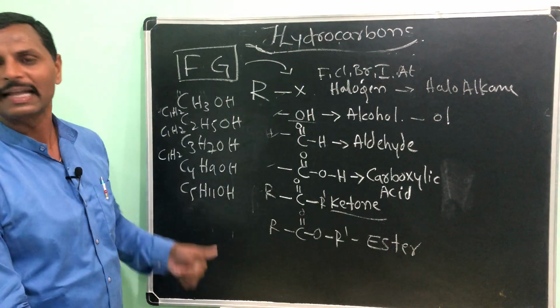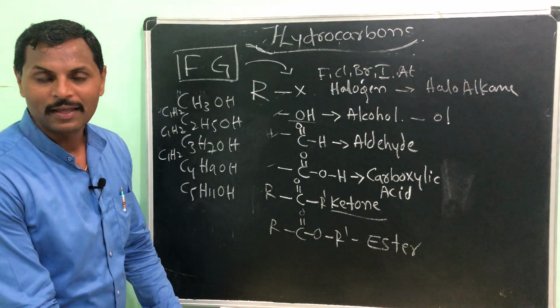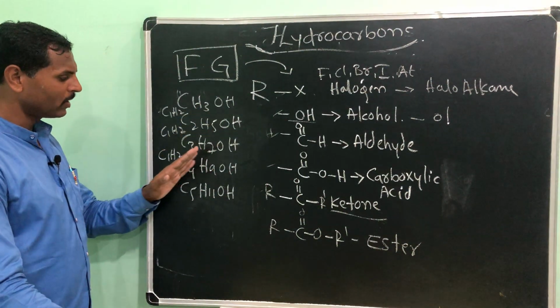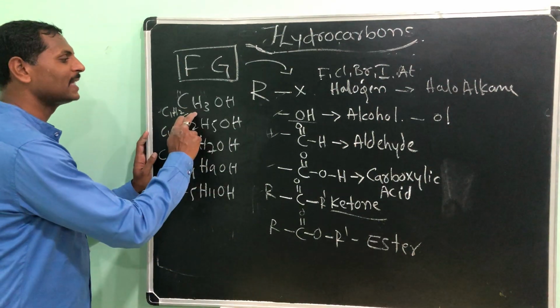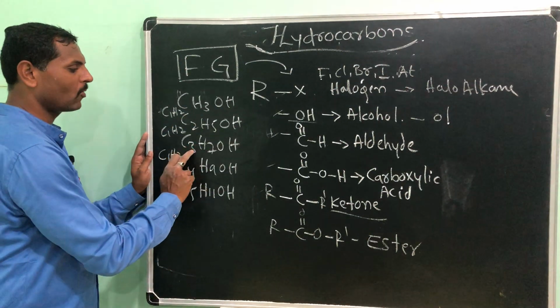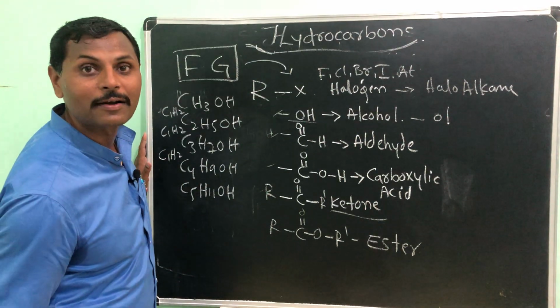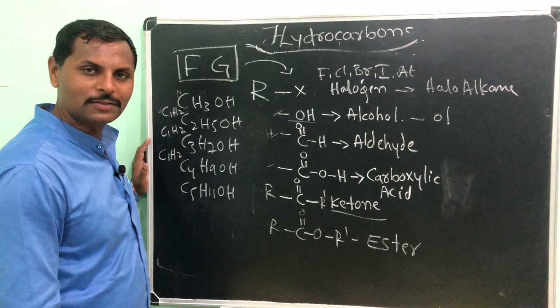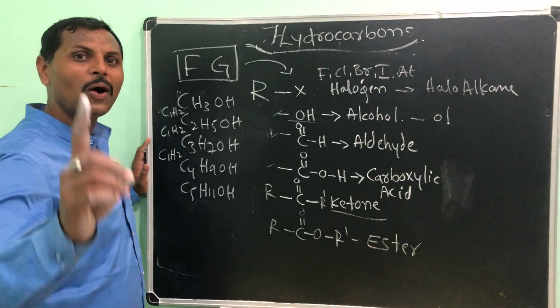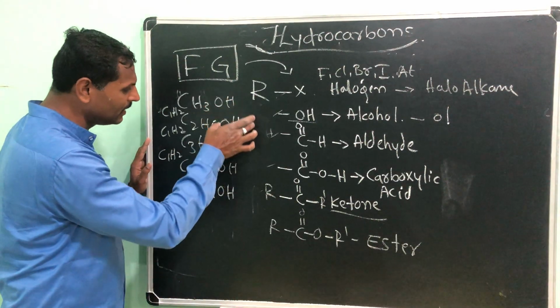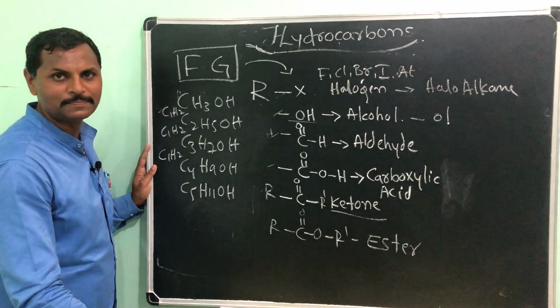You say yes, these are homologous only. Understood? Methanol, ethanol, propanol, butanol, pentanol, or methyl alcohol, ethyl alcohol, propyl alcohol, butyl alcohol, pentyl alcohol, all are homologous. They belong to only one functional group, that is the alcohol group.